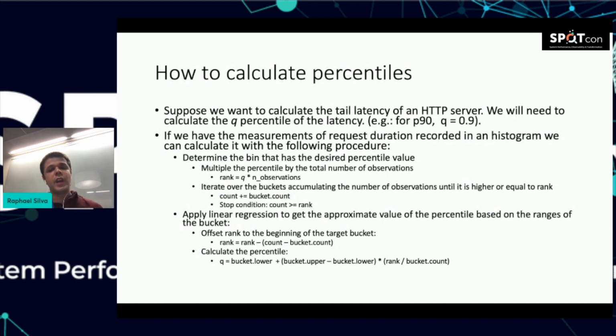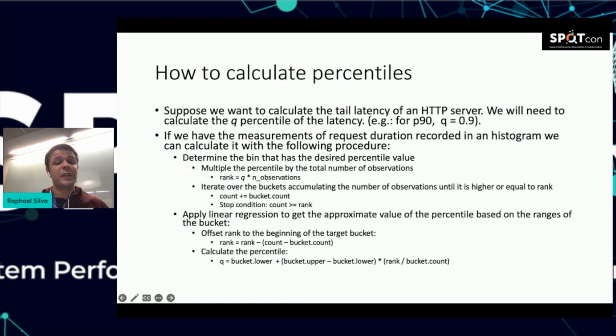So for instance, if we have an HTTP server and we want to calculate the tail latency, let's say the P99, using histograms, we can determine which bin it falls in. The algorithm is like this. We are going to walk through the bins. Sorry, I missed one step. First, we need to define what the target is. So the target is this Q multiplied by the total number of observations in the histogram.